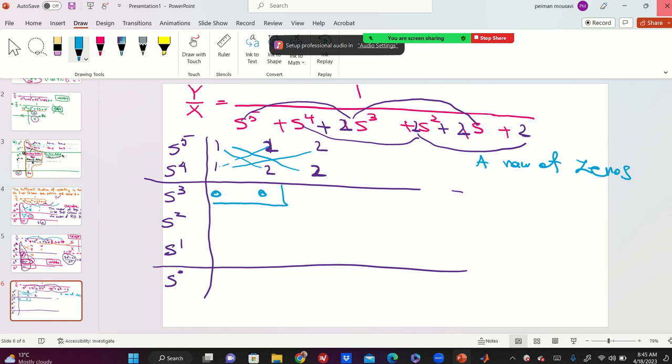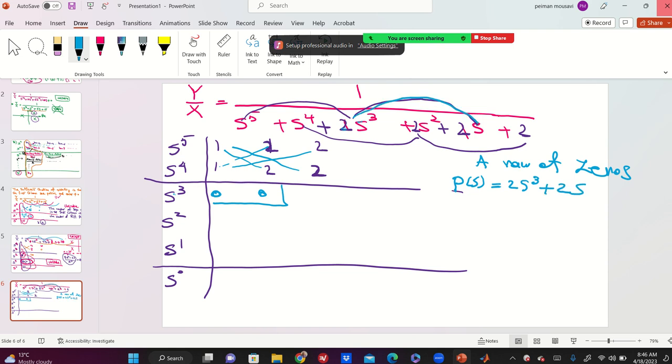What you're gonna do, you're gonna get an auxiliary, a helping term. What is that? You're gonna say P(s). You're gonna make it auxiliary term. Guys, look at here. This S cube from here has a coefficient 2. So you're gonna write P(s) gonna be 2S cube, and the next one plus 2S, because they are jumping like this.